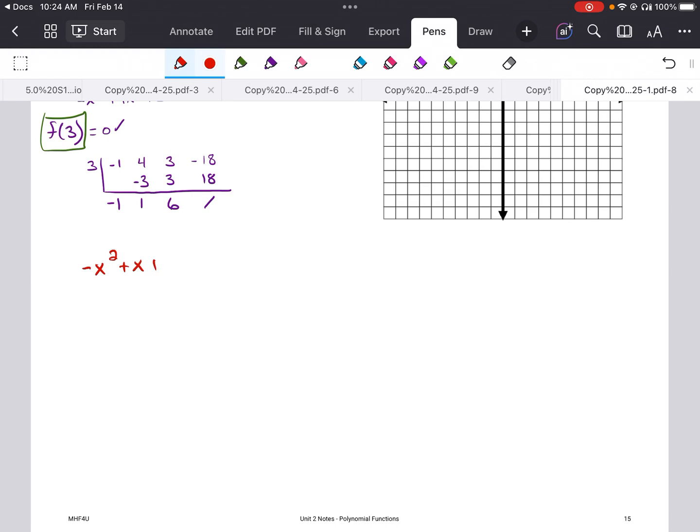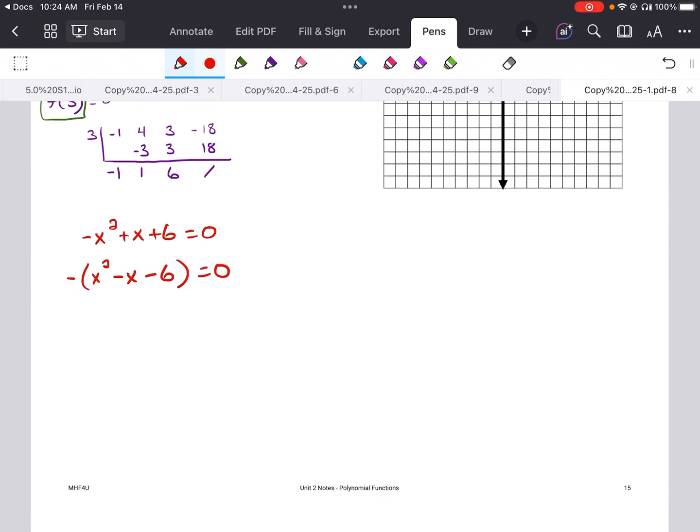And we're left with negative x squared plus x plus 6. I'm going to take that negative sign out of it and change all the signs of the equation. It's the factors of 6 that subtract to 1.